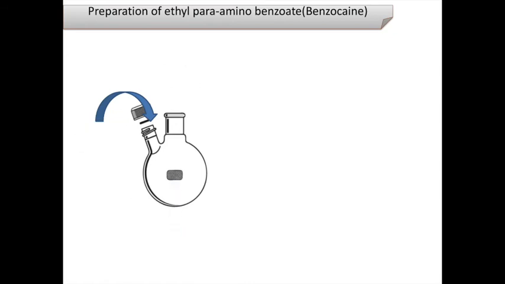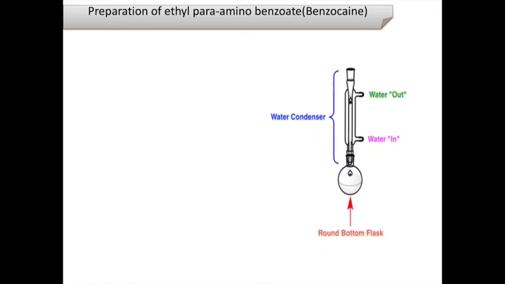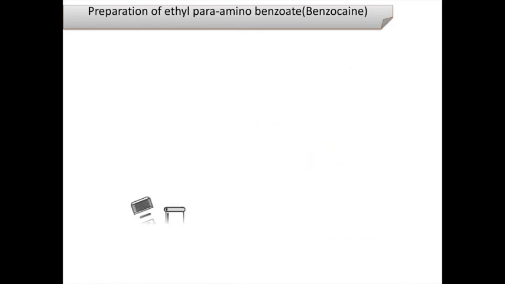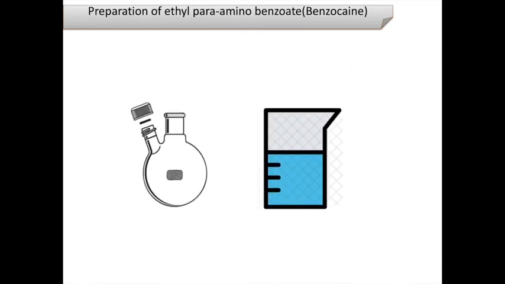After this saturation, the weight of the flask is increased by about 20 gram and we have to remove the gas inlet now. Now we have to introduce 12 gram of para-aminobenzoic acid which we prepared in step number 1. Then we have to heat this mixture under reflux for 2 hours. Upon cooling, the reaction mixture sets to a solid mass of the hydrochloride of ethyl para-aminobenzoate.